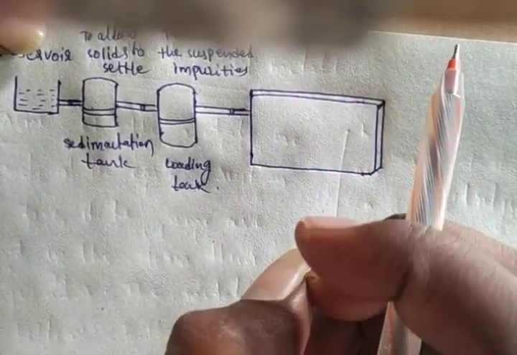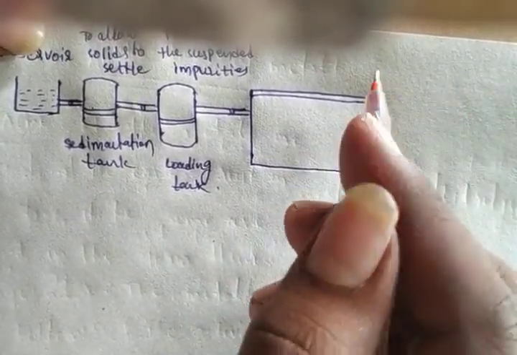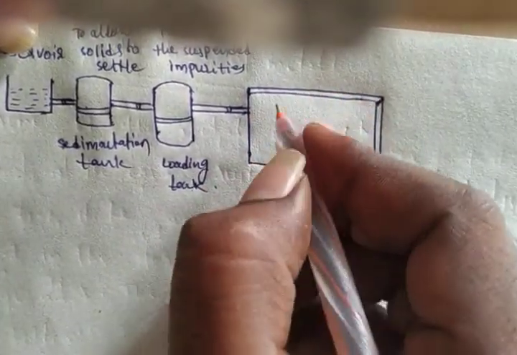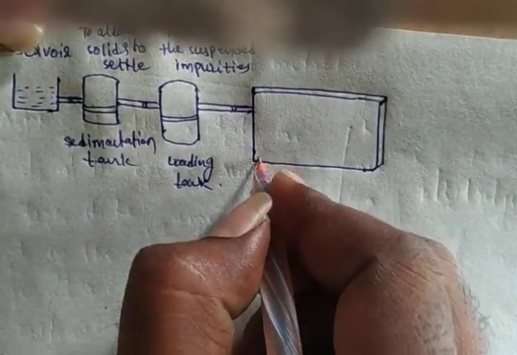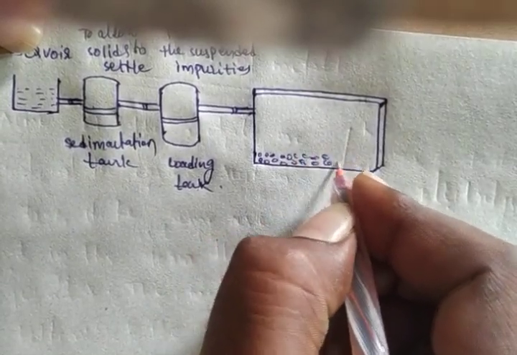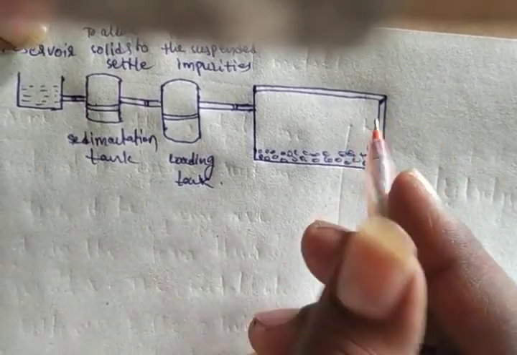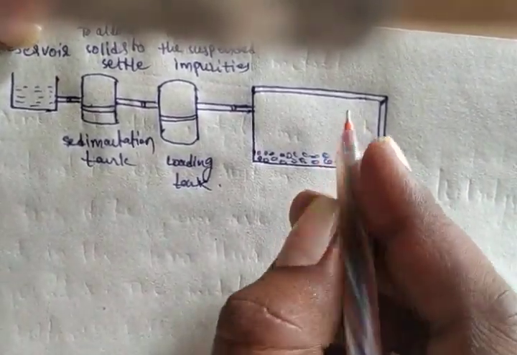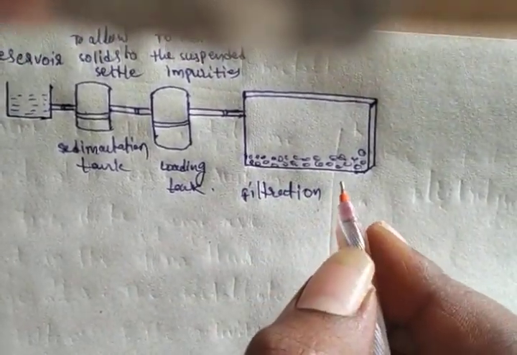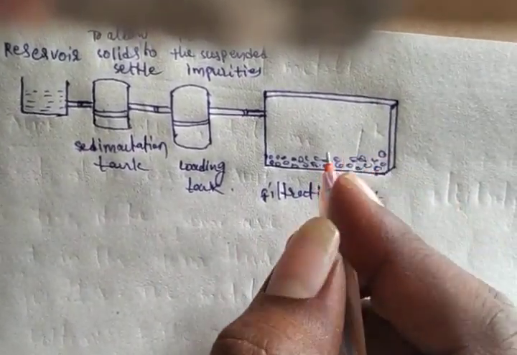Some big stones and medium stones, and sand, fine sand. These are the coarse gravel. This is a filtration tank.